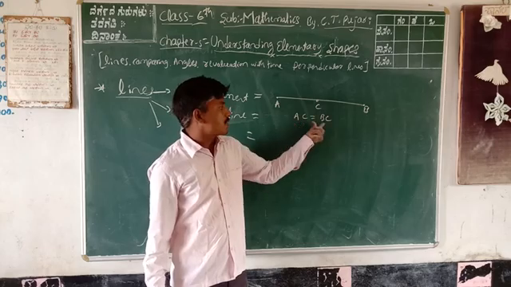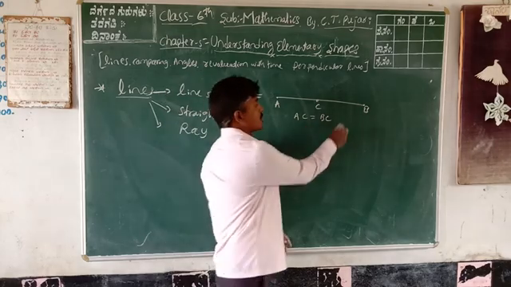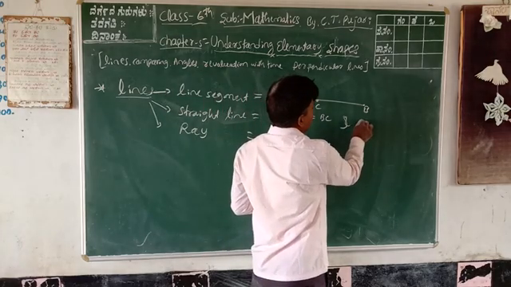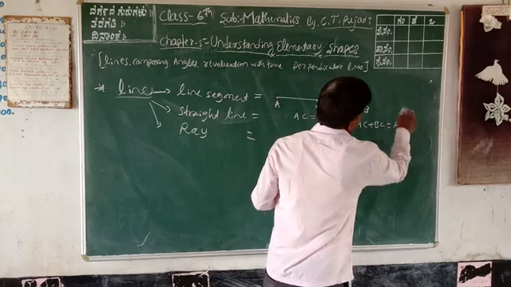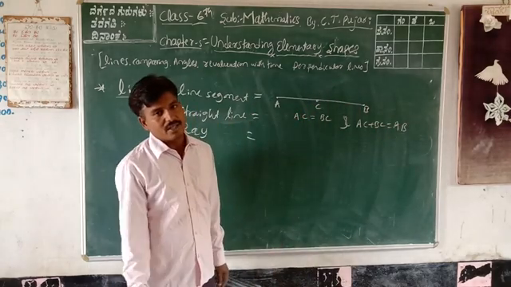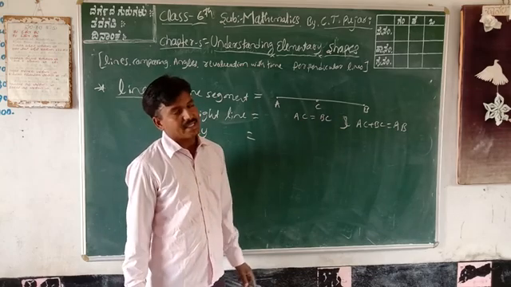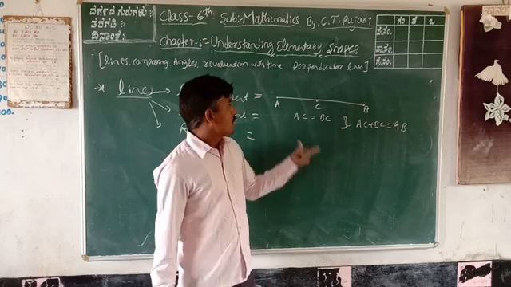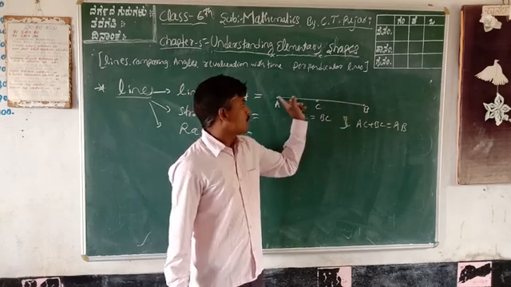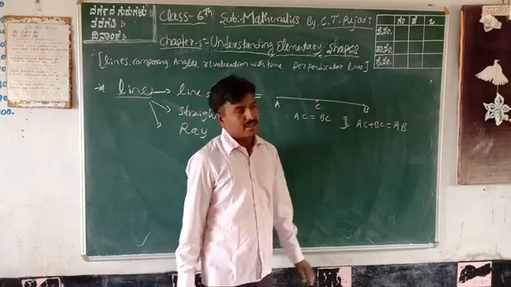Therefore AC is equal to BC, and also AC plus BC is equal to AB. That is one condition.